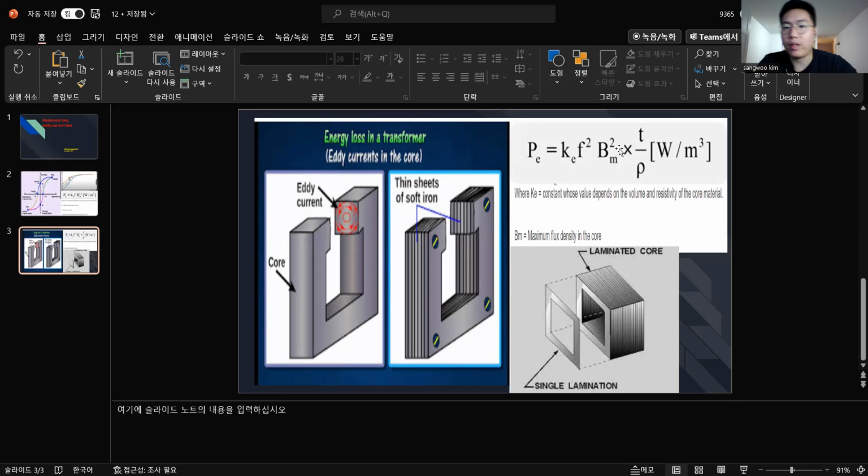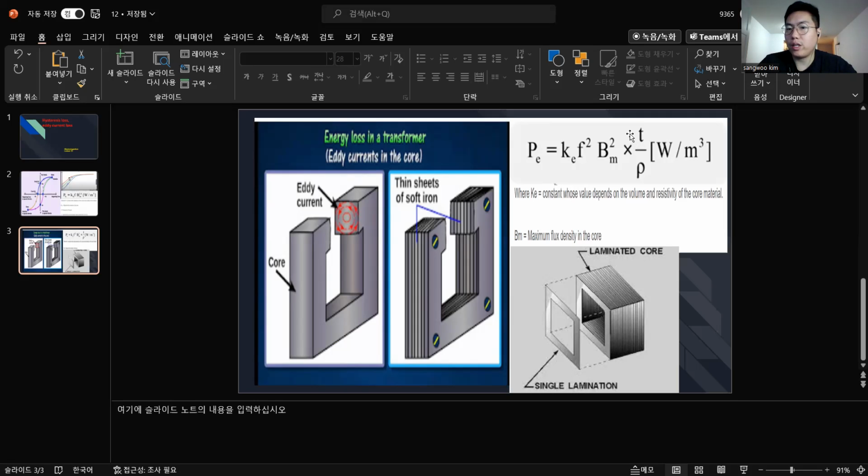I'll explain about it, but try to understand the equation. Look at that, which means this T is thickness, and this P is resistivity, the core's resistivity. So you guys can see the eddy current is proportional to the thickness here, right?